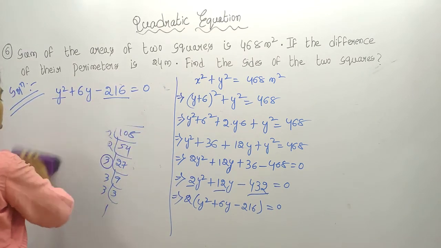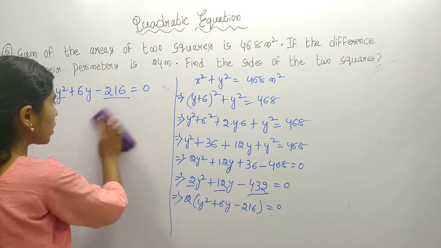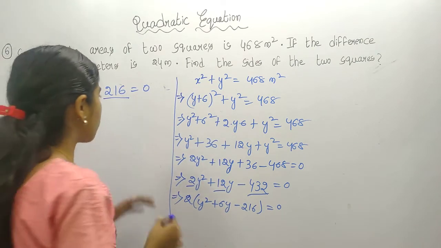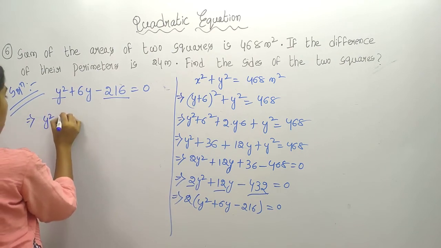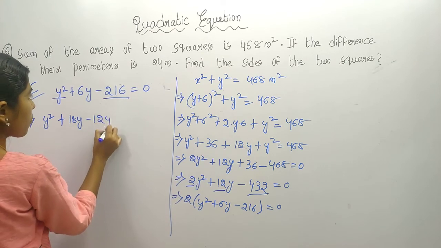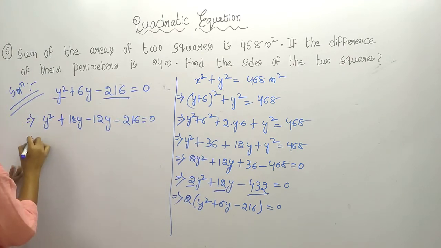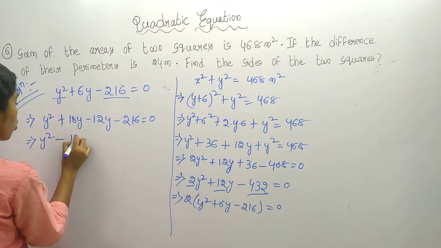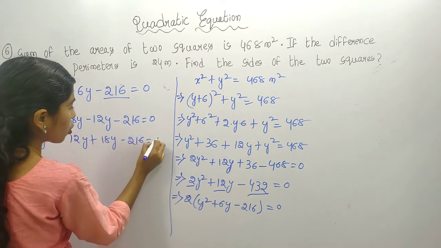So like this you have to factorize. You have to try many numbers with so many tricks. Okay, so I took here 12 and 18. So you see what will happen. y square plus 18y minus 12y minus 216 equals 0. Otherwise, that implies y square, smaller numbers should come first, so minus 12y plus 18y minus 216 equals 0.